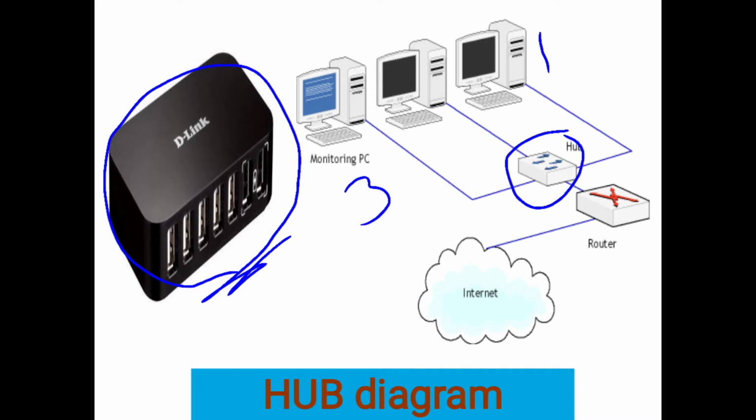When it is passing from PC 1 to PC 3, you can see there is a connection to 2 also and 3 also. So what will happen in this case? The data will not come directly from PC 1 to PC 3. In between, PC number 2 will also receive it.